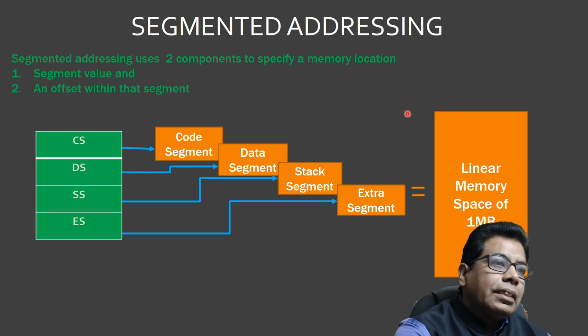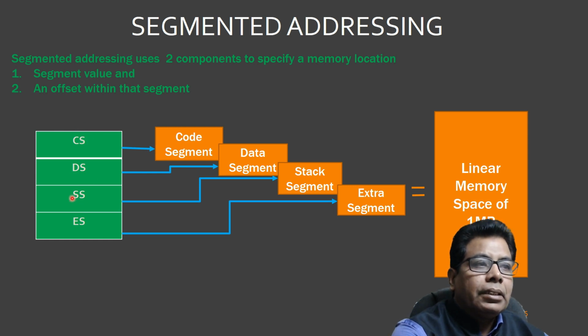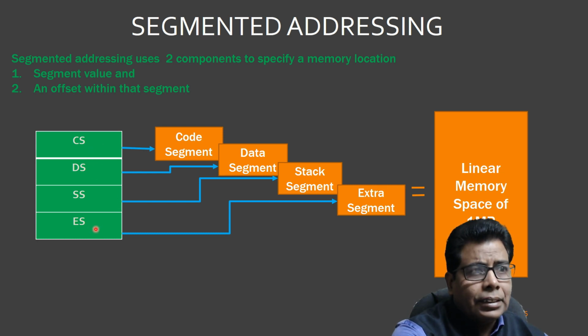So as you can see here in this figure, these are the 4 segments which are active. This is the code segment, data segment, stack segment and extra segment. So corresponding to these registers, we have the particular segment shown here. These registers are 16-bit.